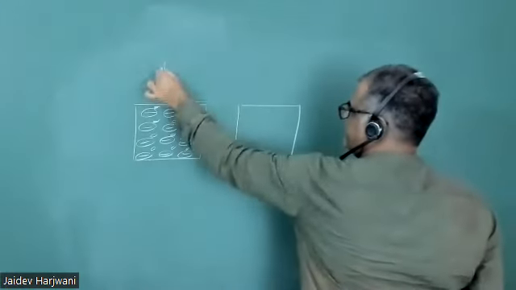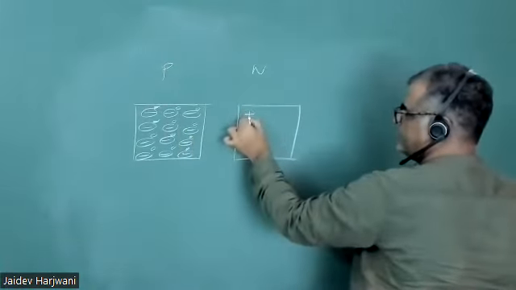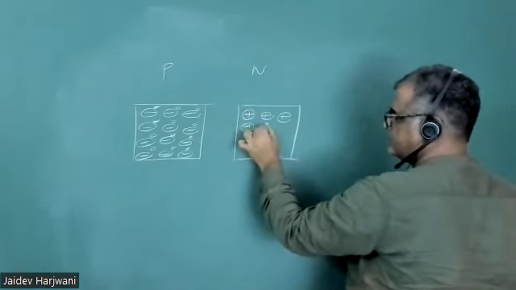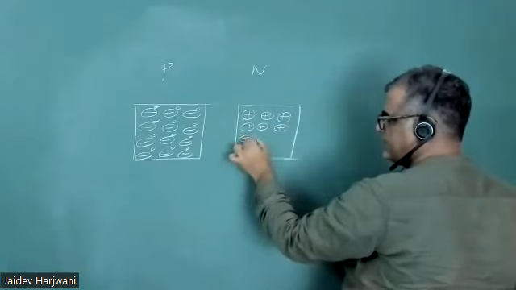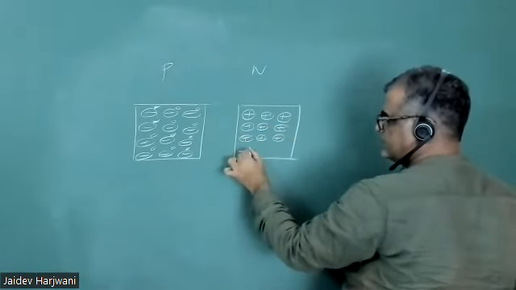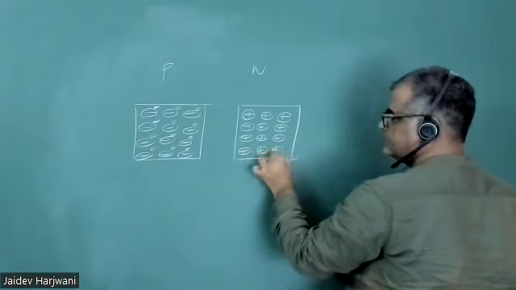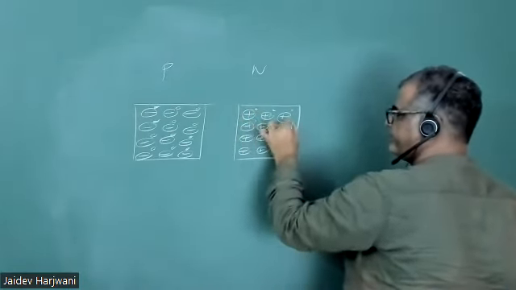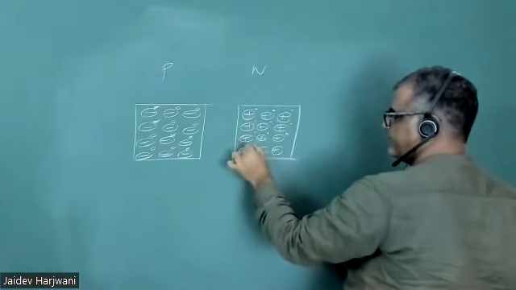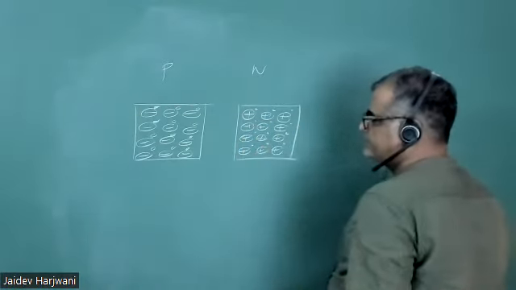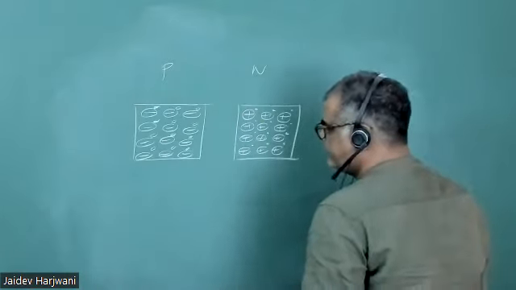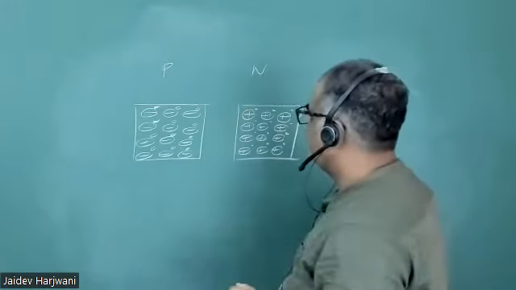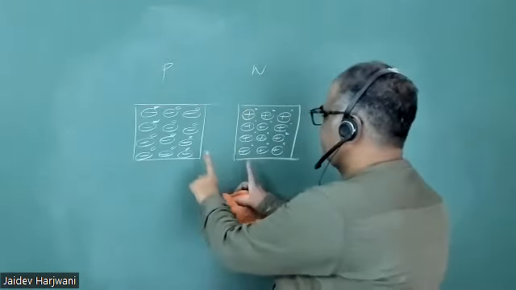Okay. P and N, so you have electrons here. Now what you do, you bring these two sections in contact.